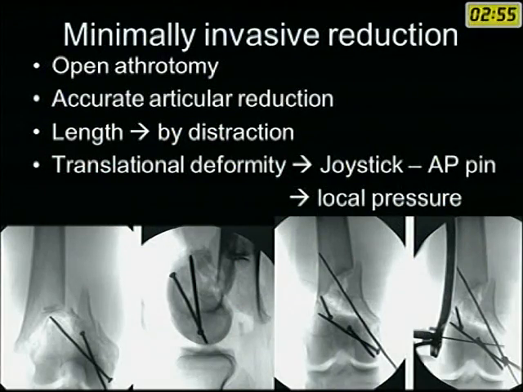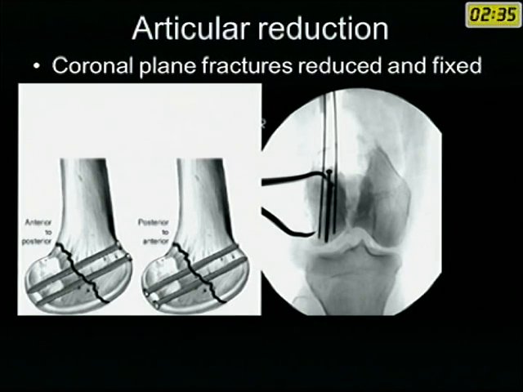And here you are going to do the articular reduction. You do an open arthrotomy, you get the articular reduction, get the length by distraction, and you correct each fragment reduction by your joystick technique. You can use a K-wire which will help you to reduce each and every fragment. So you are going to get a fragment-specific fixation and the best articular reconstruction.